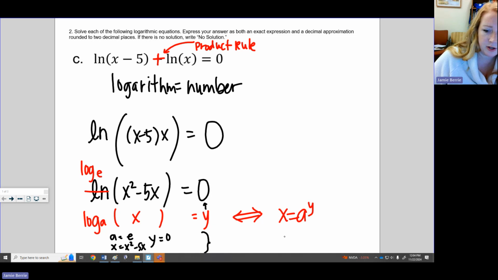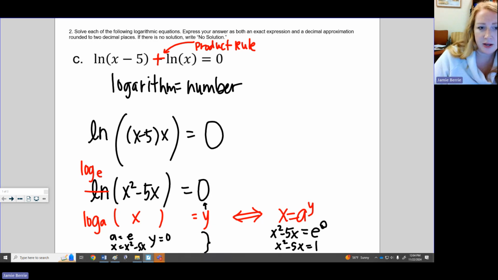So going over here and plugging those in, I have x squared minus 5x equals e to the 0. We know that anything to the 0th power is 1. So that's x squared minus 5x equals 1.